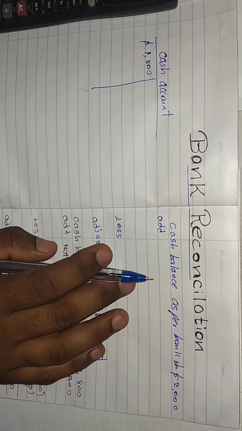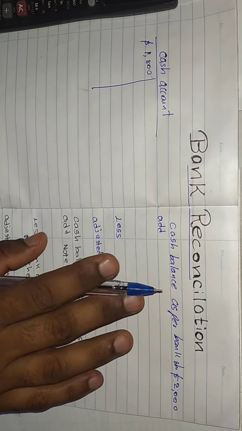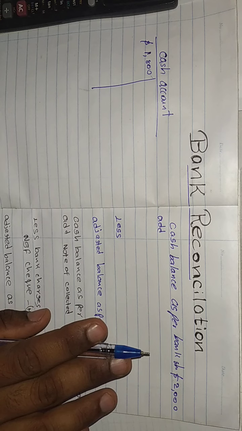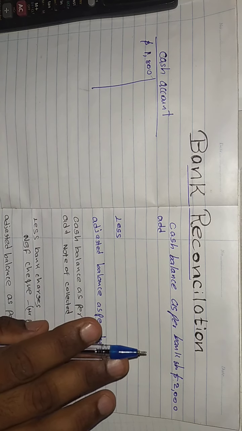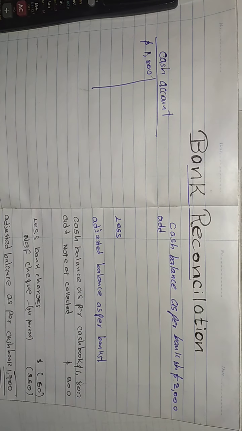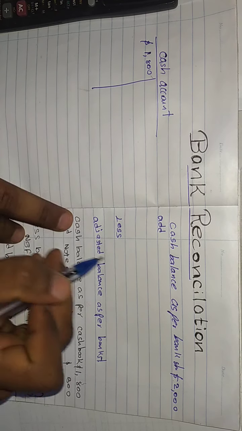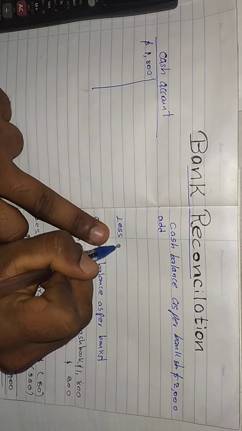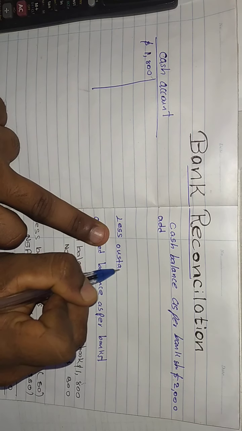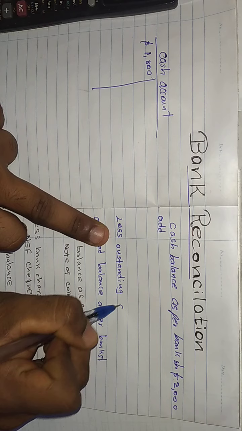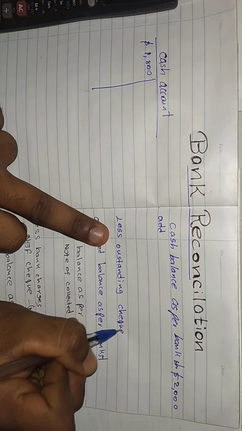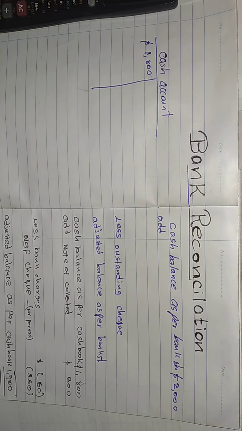So let's go back to the top here and look at the same thing that might have affected the bank statement balance. One thing is outstanding checks that we wrote that have not cleared the bank yet.